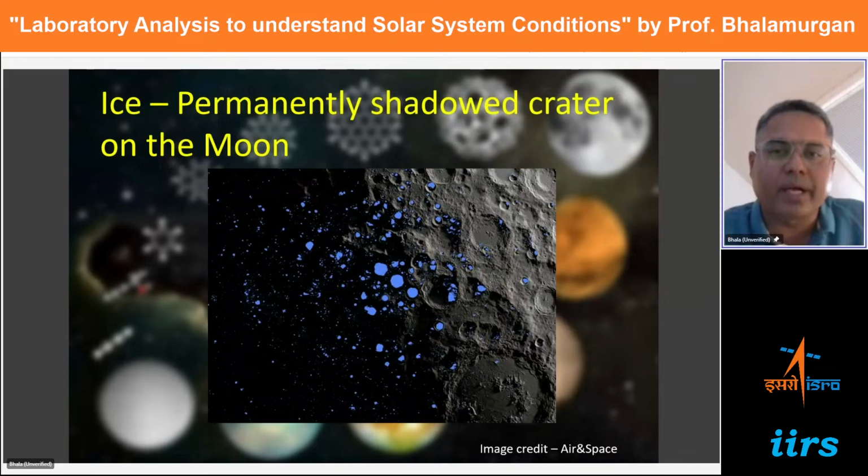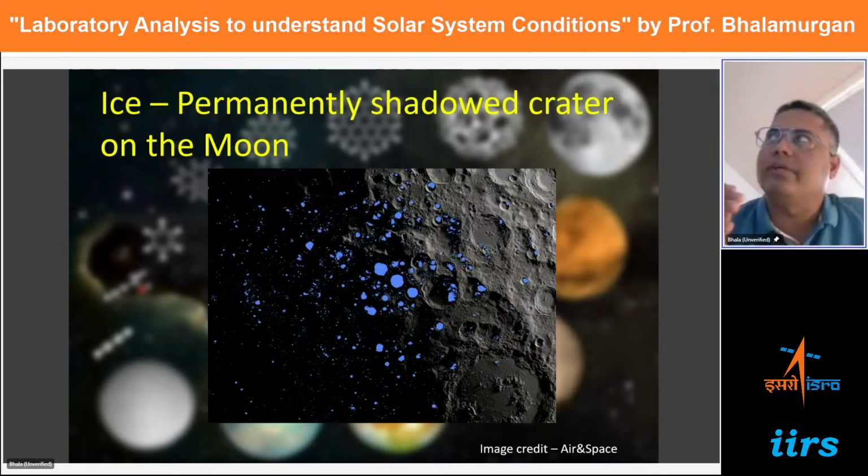The same plate, if you take to any of the spectroscopy techniques, it will show you, okay, water ice is present. Similar way, the spacecrafts couldn't see bulk of water ice inside these craters, but the spectroscopic signatures clearly pointed out that yes, definitely there are frozen molecules inside these craters, especially water ice.